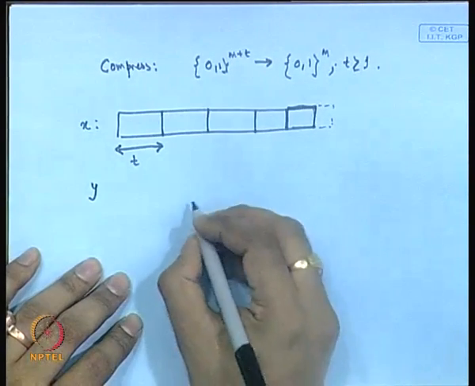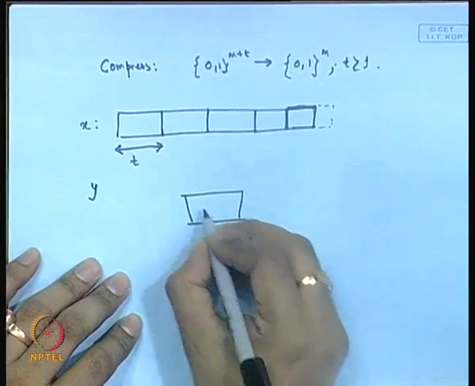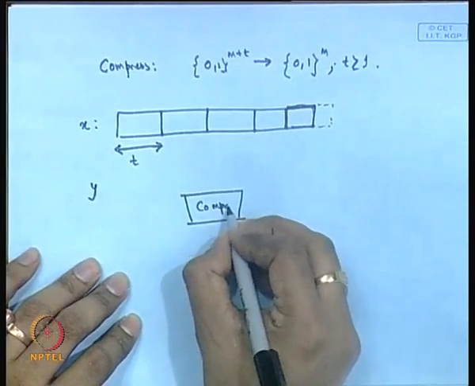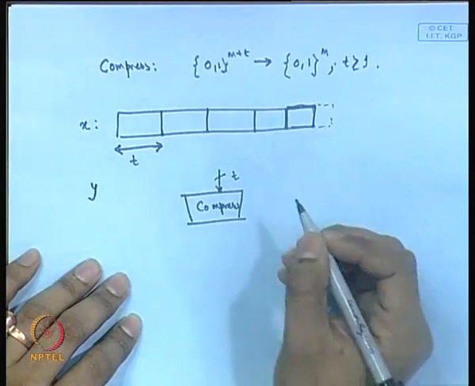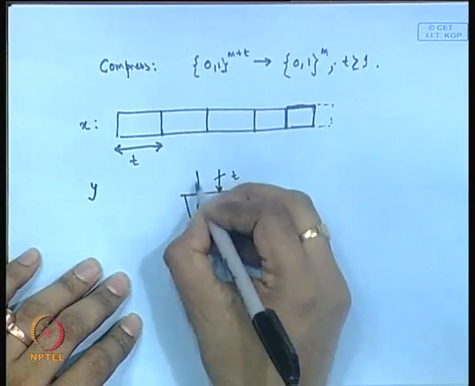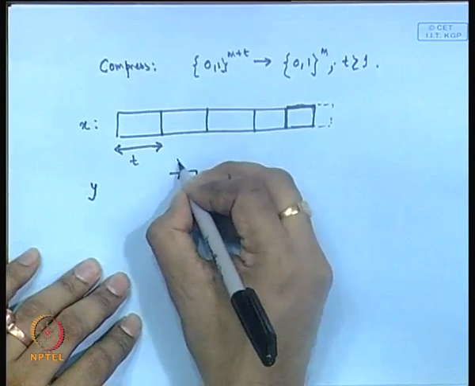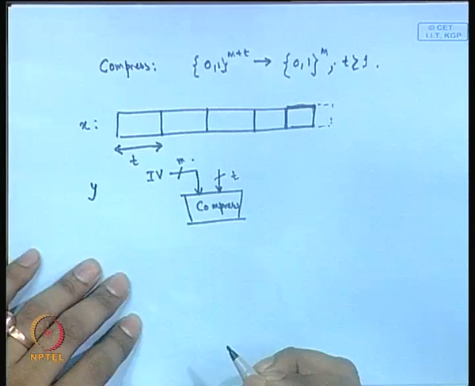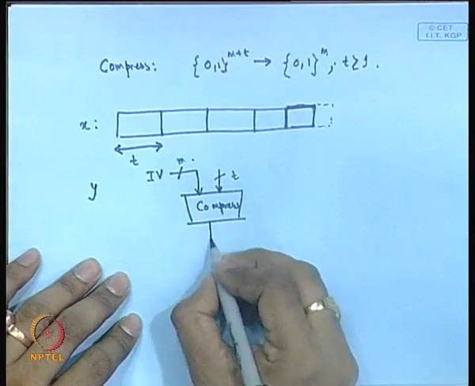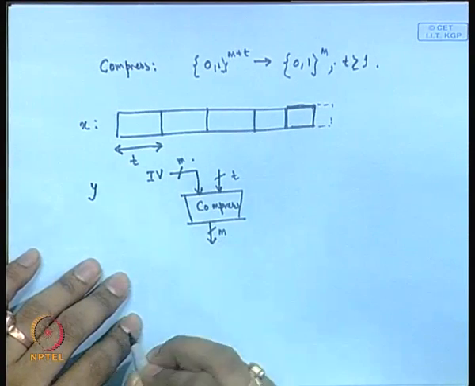To this compress function you feed in t bits from y and m bits, starting with something which I call an IV, or initialization vector. This results in an m bit output.